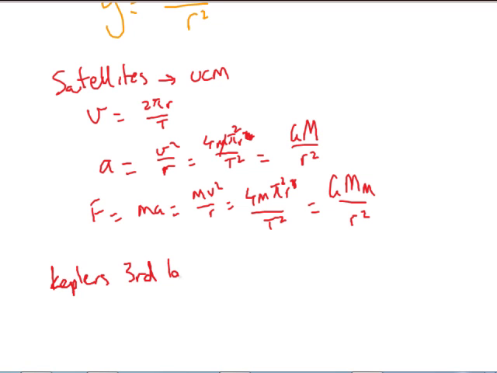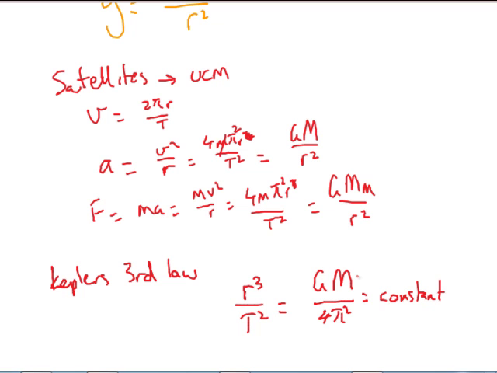Rearranging this one here, we get r cubed on T squared equals GM over 4 pi squared, which is constant. Everything on the right-hand side is a constant.